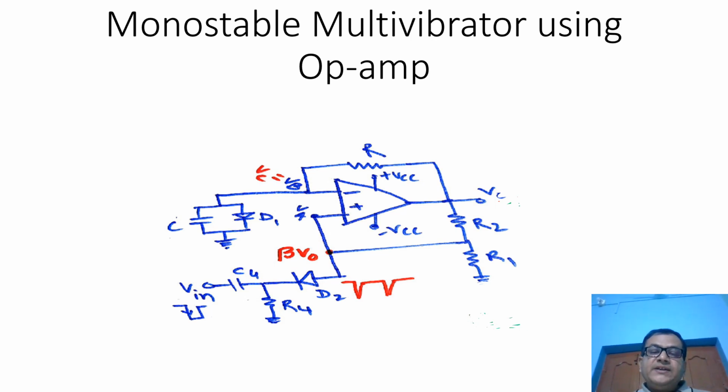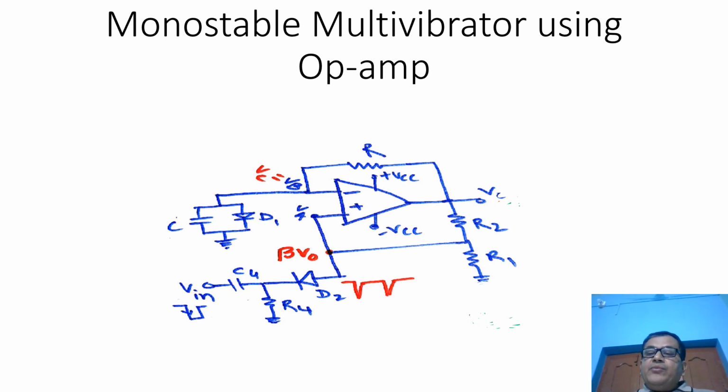This point is connected to positive input terminal. So we can also say this positive input terminal is clamped at this voltage, that is known as beta V naught. What is beta? Beta is called feedback fraction.